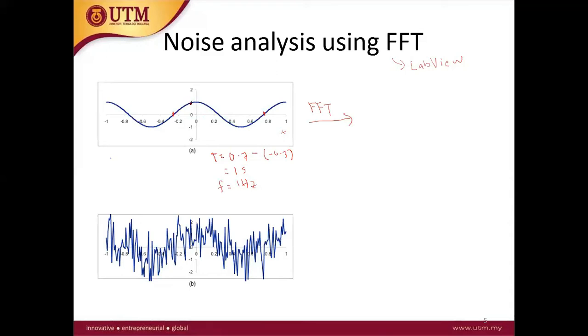The amplitude A0 is 1 volt. The fast Fourier transform converts the signal into the frequency domain and shows the components of the signal in discrete form. So the ideal signal, the main signal, is around 1 hertz, and the amplitude is 1.